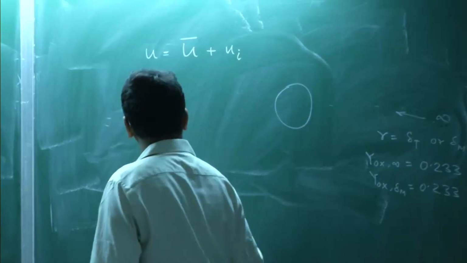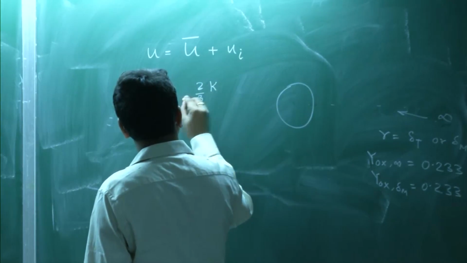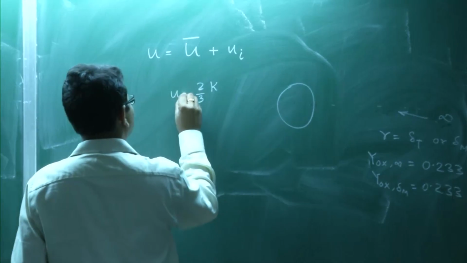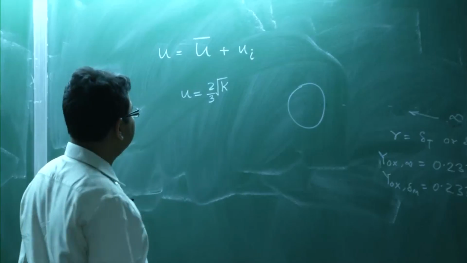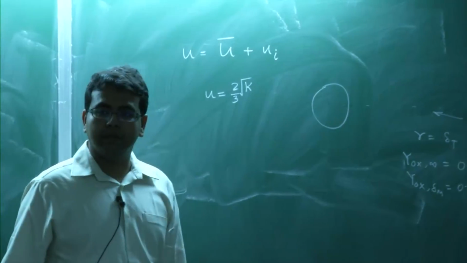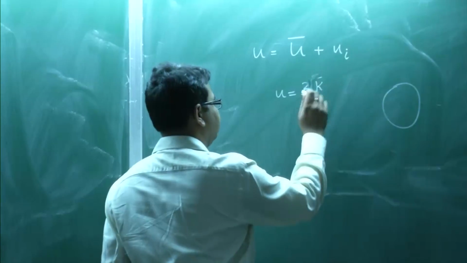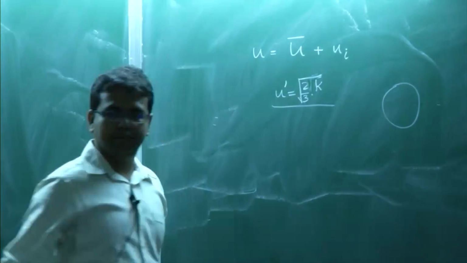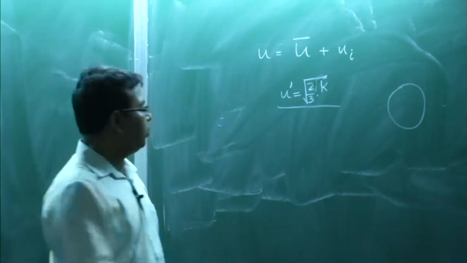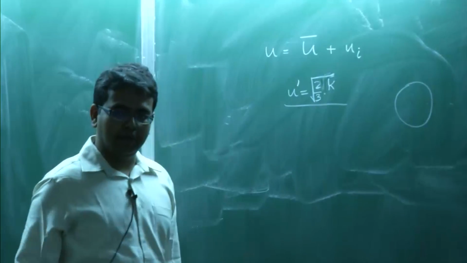If you are computing the turbulent kinetic energy K, then the square root of 2/3 K will be your fluctuating velocity at any point of the flow. So, if you know the turbulent kinetic energy, you can calculate the u prime at that location.